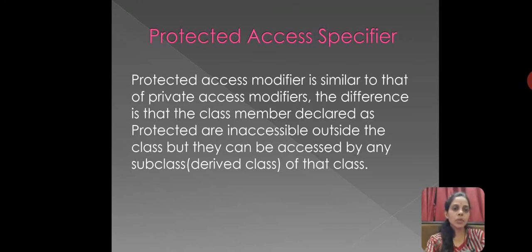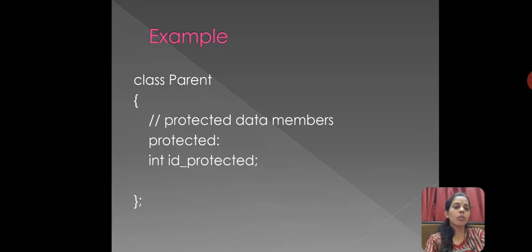Okay, this is the protected access specifier. Now what is an example of this? Class Parent. Here see protected, and how we should write it: protected followed by a colon. Which is the protected data member here? Integer id. Id is a data member which is declared as protected.